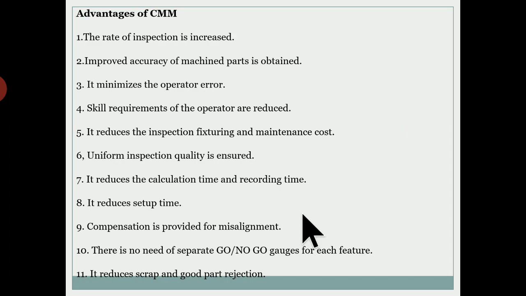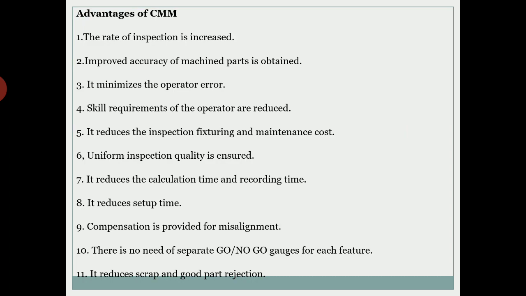Next, the advantages of CMM. The rate of inspection is increased using CMM compared to manual inspection. Improved accuracy of machined parts is obtained. It minimizes operator error. Skill requirements of the operator are reduced. It reduces the inspection fixturing and maintenance cost. Uniform inspection quality is ensured using CMM.